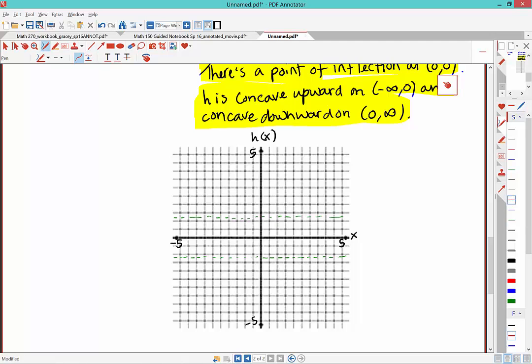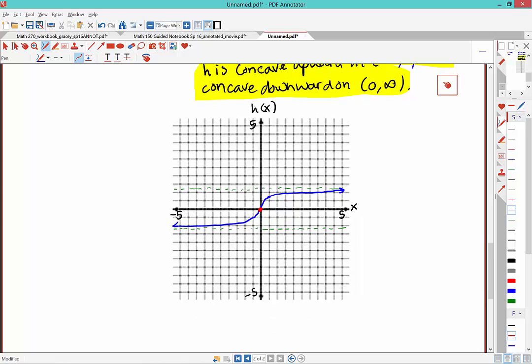So our point of inflection and intercepts are at 0, 0. So I'm thinking that it's going to look something like this. And you can verify it with the graphing calculator.